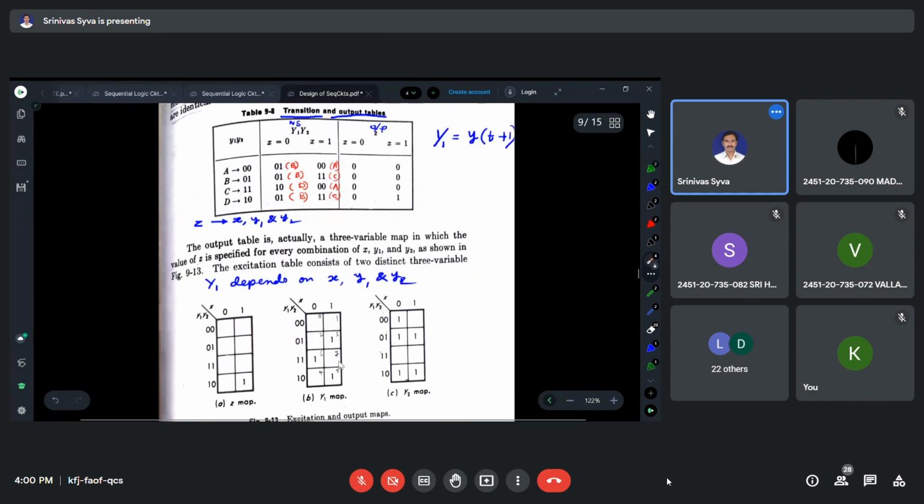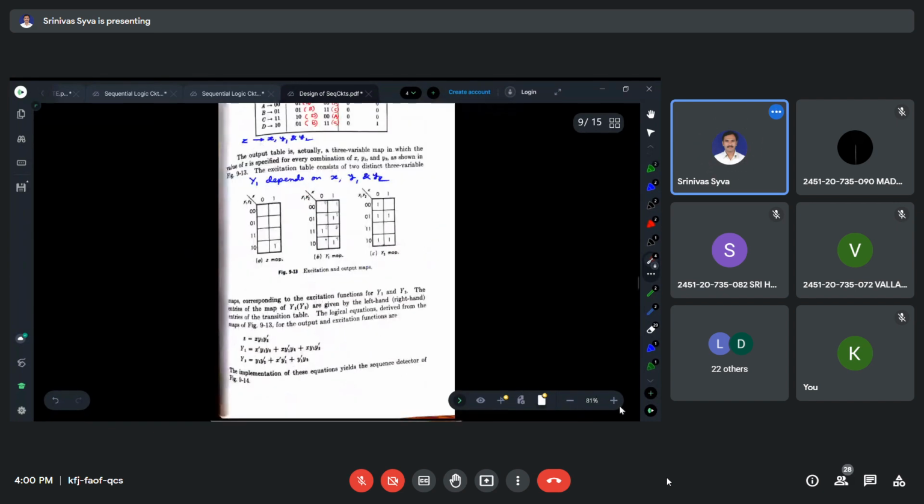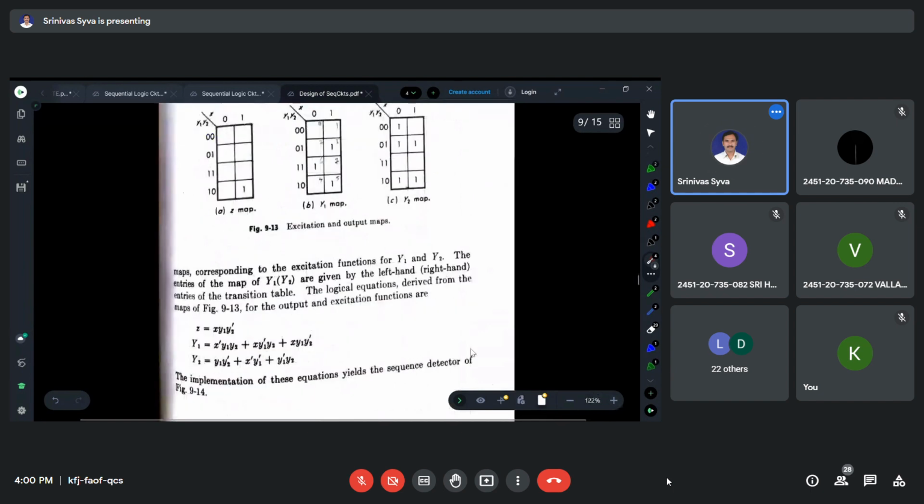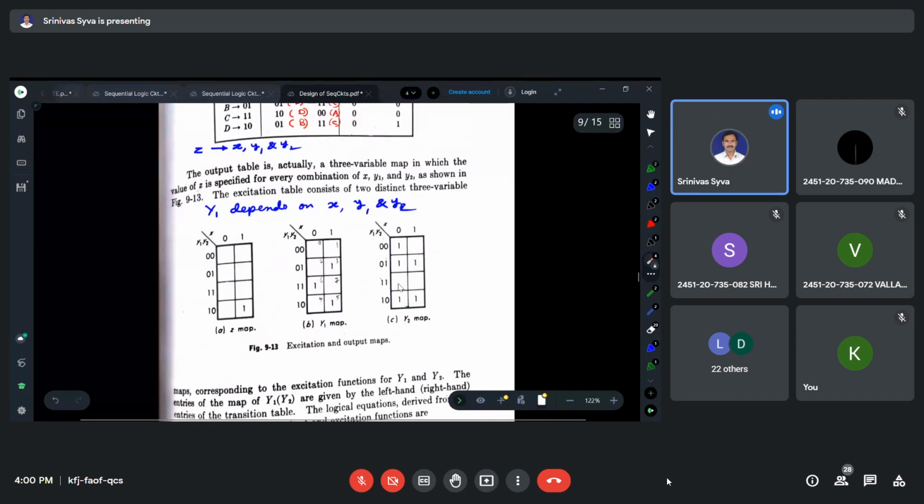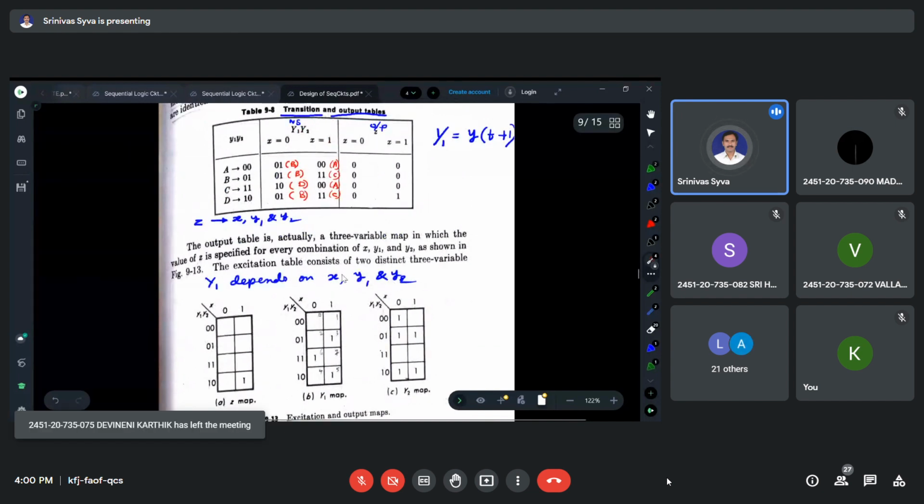Similarly, Karnaugh map for y1. See here, y1 when x equal to 0 and with present states 0 0 only, x 0 only, y1 is 0. y1 is again 0 when y1 y2 is 0 1, x equal to 0.